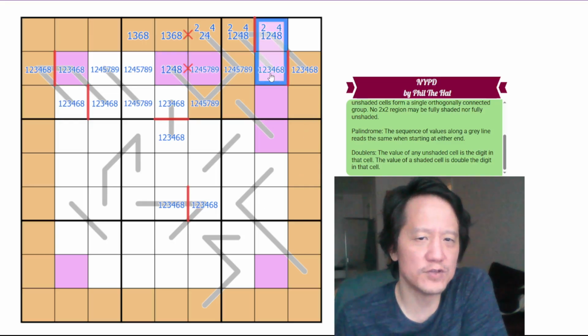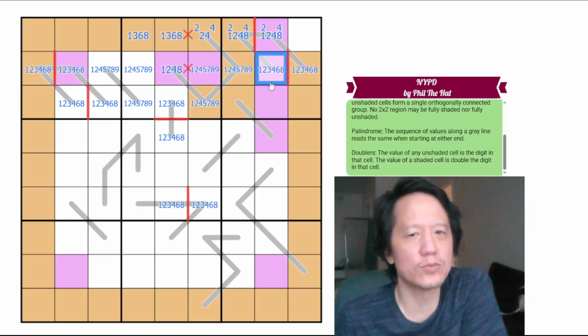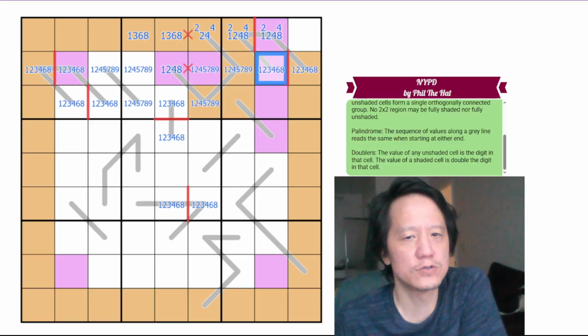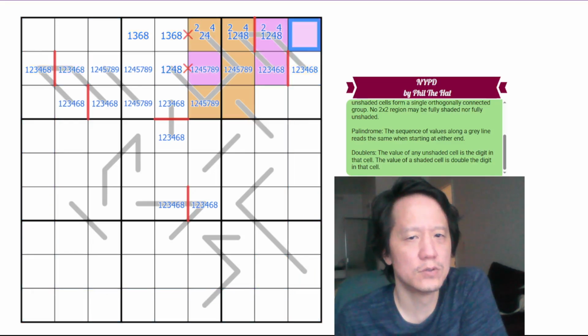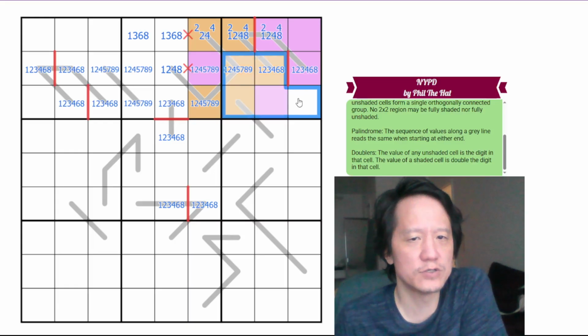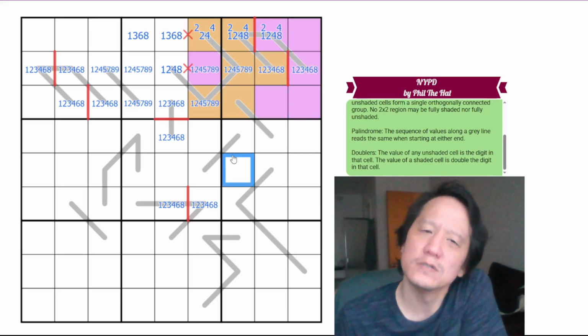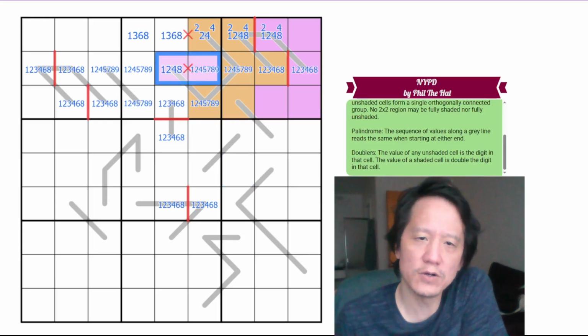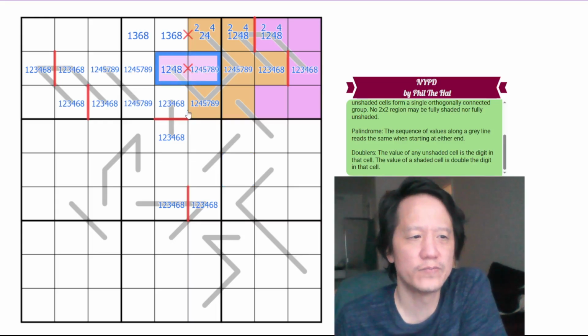But that's only if this were pink. If this were orange, that would be interesting too. So say this was orange, and then this had to be pink, obviously. Well, this would have to be pink because of the 2x2 area, so that would mean this diagonal could not be orange here, so this is pink. This pink has to go out here. That's fine so far.